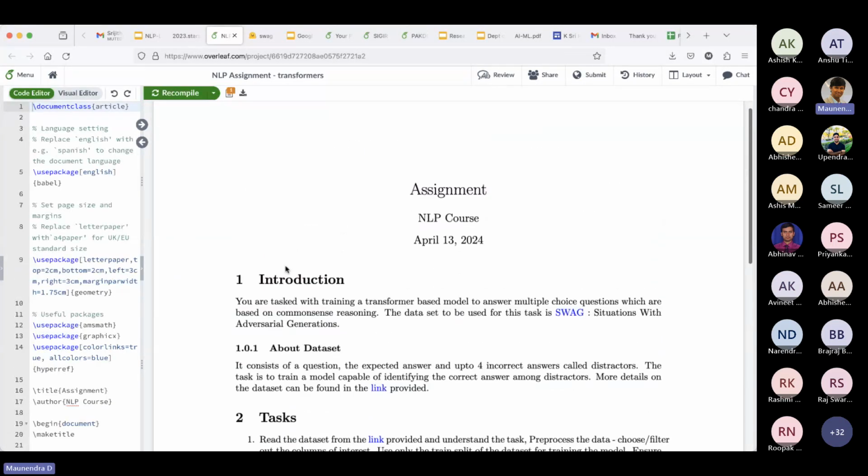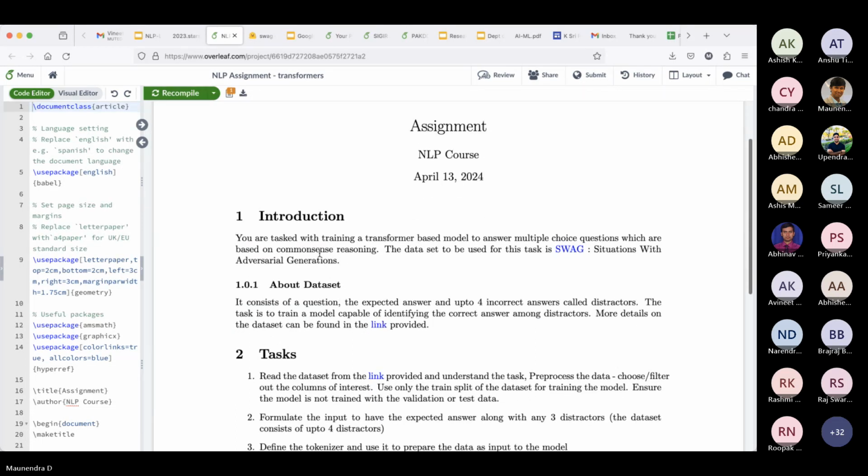In this assignment, it's actually for question answering. So you have to train a transformer-based model to answer multiple choice questions. And these are actually based on common sense reasoning. So there is a data set which is already provided.